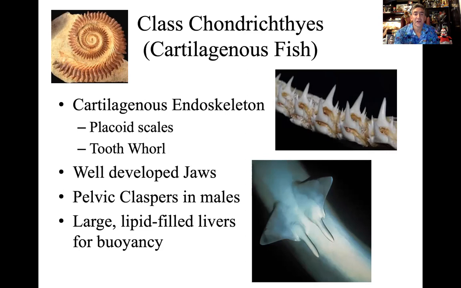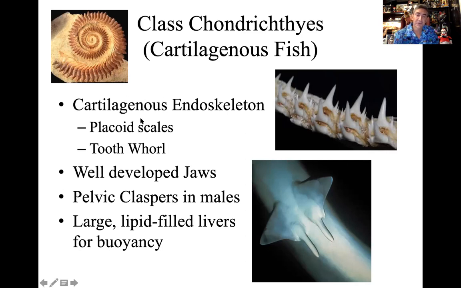If you remember where we left off with the agnathans, those jawless fish, the hagfish and lampreys, we said there are transitional fossils between the agnathan group and the Chondrichthyes group. We start to see some shared characteristics, but a lot of new ones.